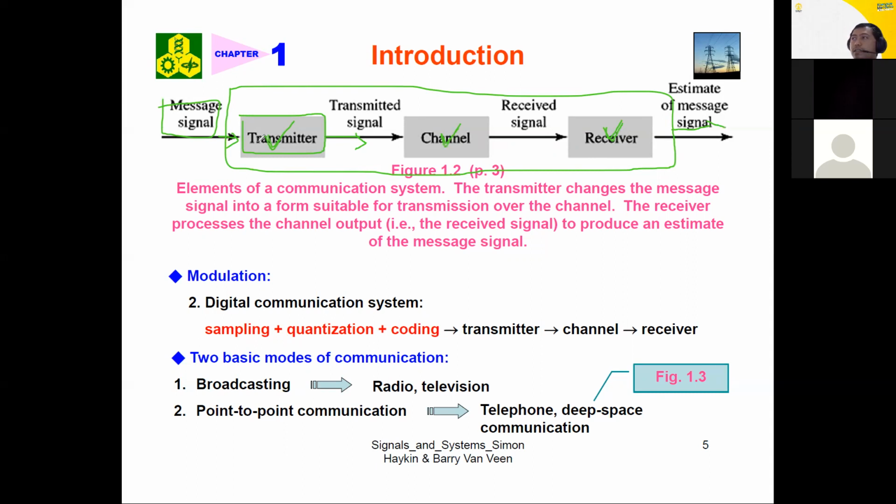In the transmitter itself, we can also break down into more subsystems, for example modulation. For those who have already taken telecommunication engineering or telecommunication systems, I think you are already familiar with the modulation technique.